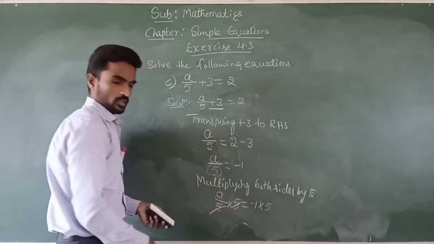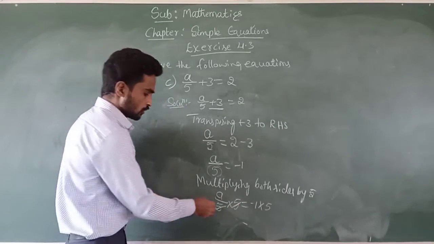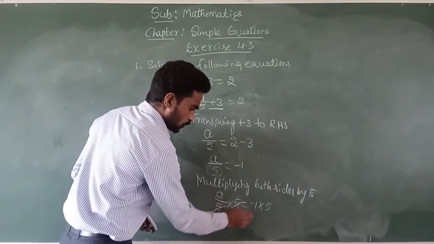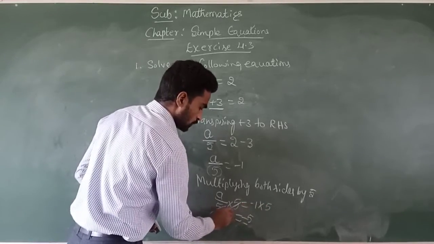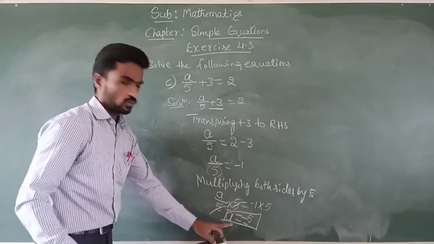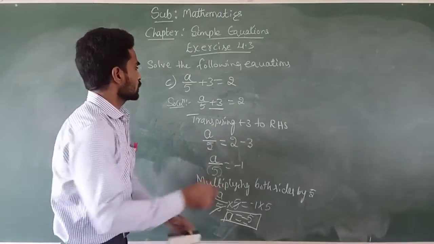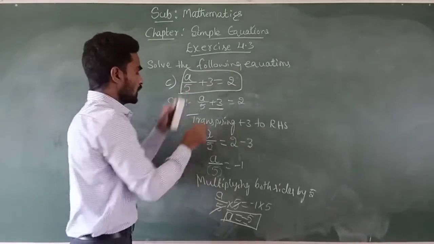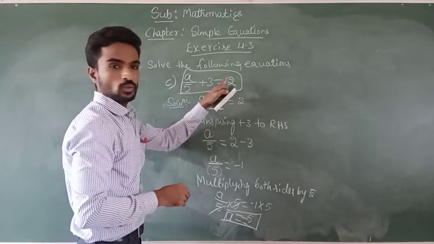Now this 5 cancels out, then a is equal to minus 1 into 5, which is minus 5. A is equal to minus 5 is the solution for the equation a divided by 5 plus 3 is equal to 2.